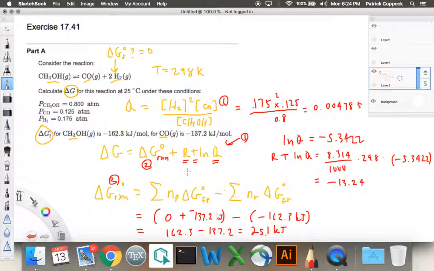If I put these two together now, delta G is equal to the first part, which is 25.1. That's in kilojoules, and this was also in kilojoules. I made sure of that. This was in joules, but the 1,000 made it kilojoules. Minus 13.24 equals 11.86.